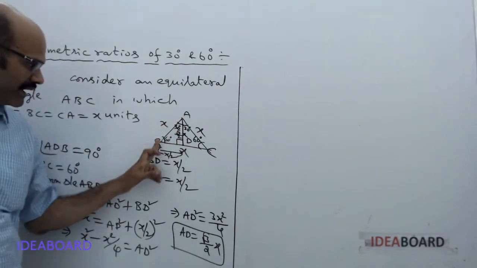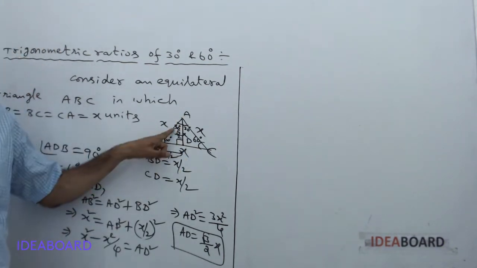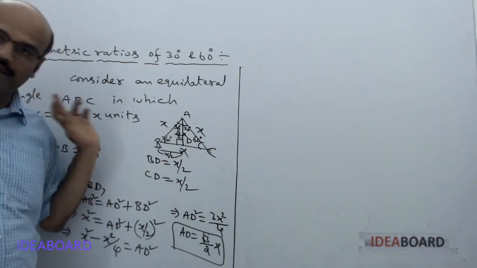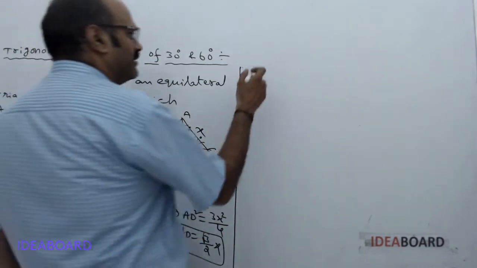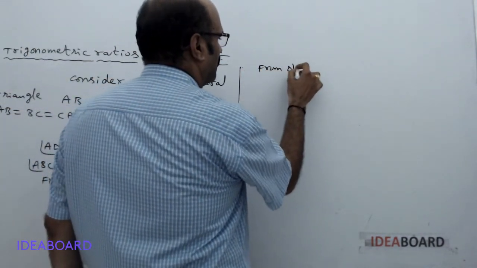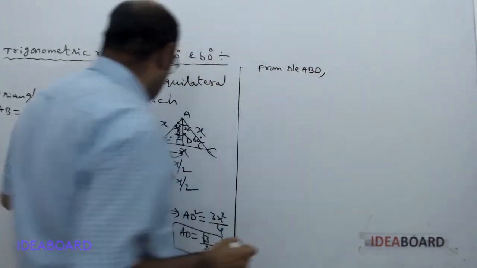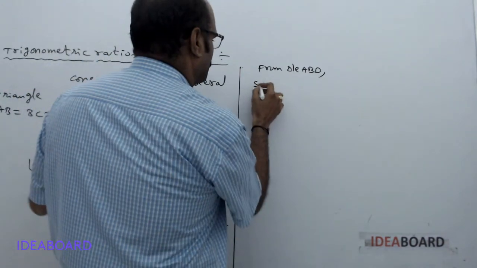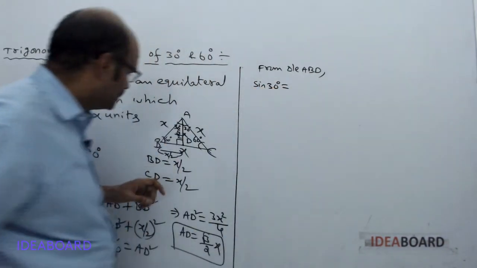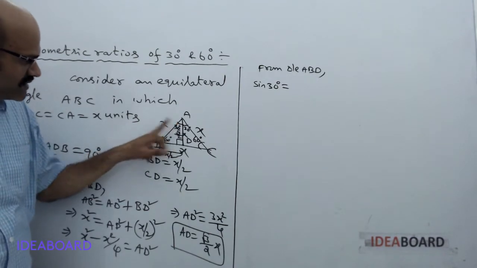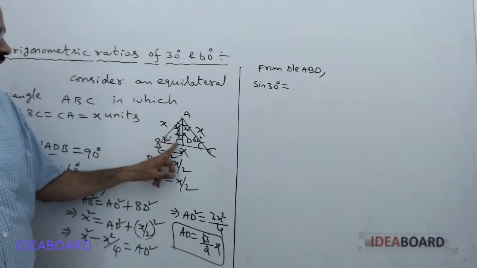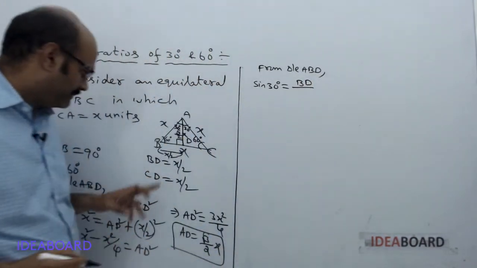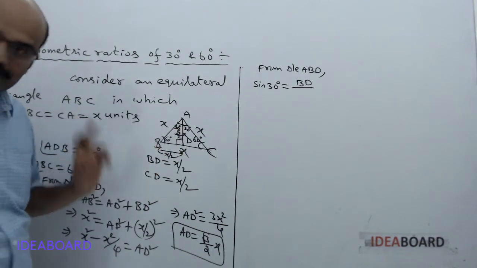Now from triangle ABD, we can write sin 30, cos 30, tan 30. From triangle ABD, sin 30 degrees equal to opposite side by hypotenuse, that is BD by hypotenuse AB.